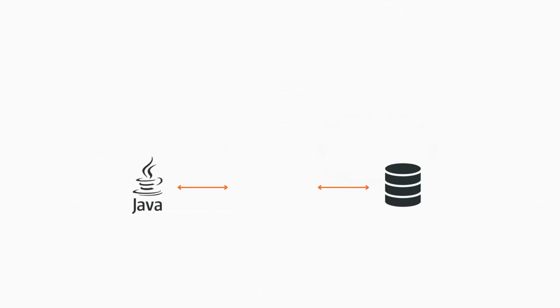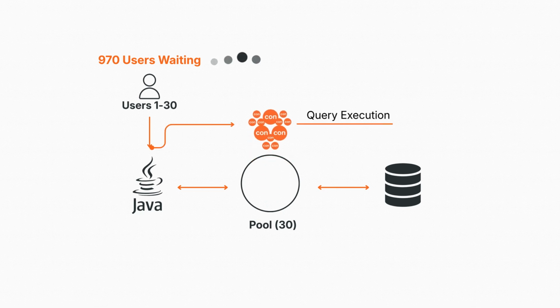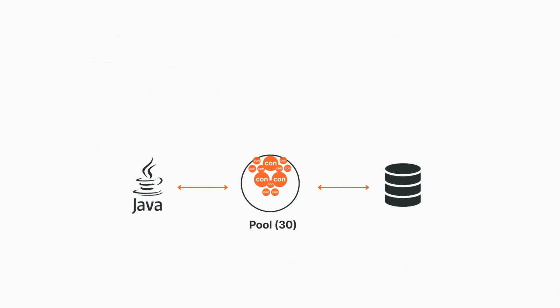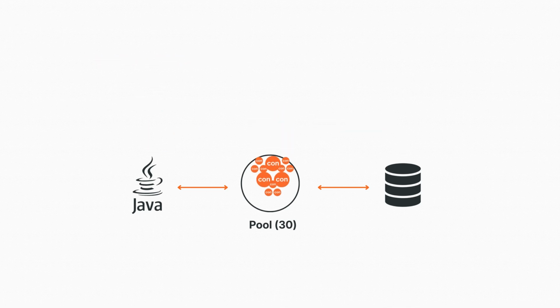Now, let us introduce a connection pool with 30 database connections. The first 30 users get connections immediately and start executing their queries. After 1 second, they return those connections back to the pool and the next 30 users use them. This process continues until all 1000 users are served.